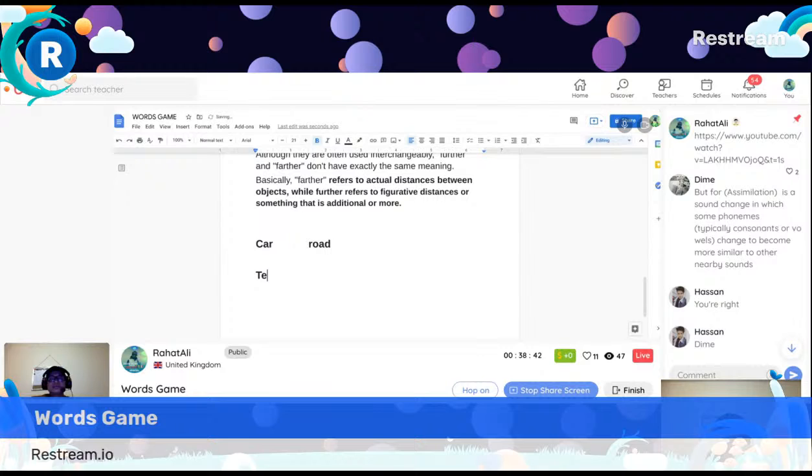Especially, look, ten mice. You see, for assimilation, it should be ten mice, with N assimilated to M. And similarly, handbag becomes handbag.